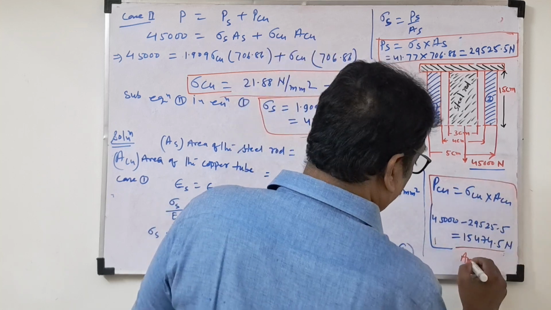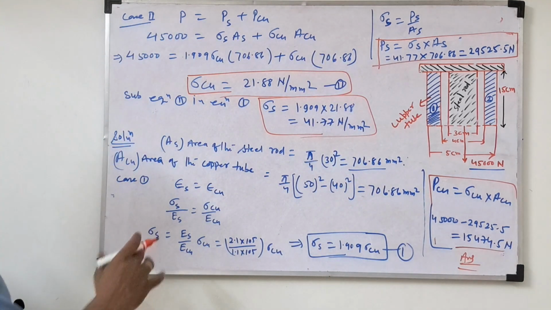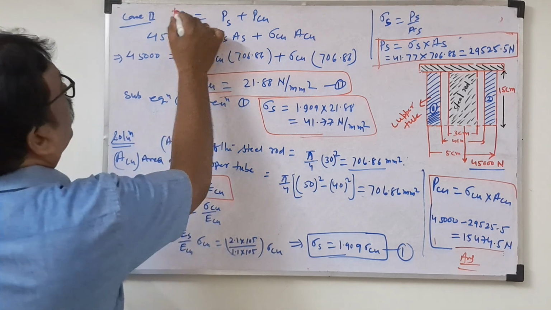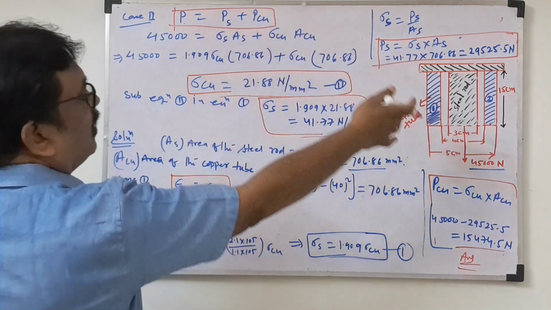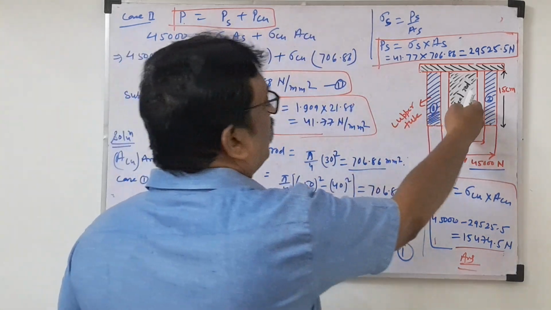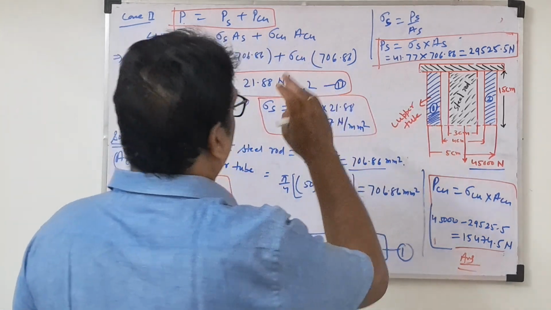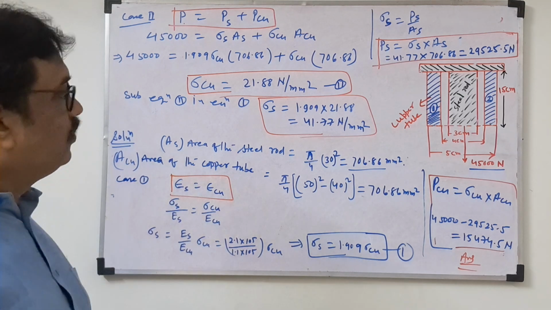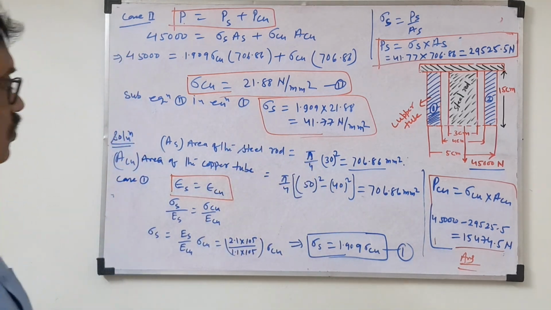For composite bar problems, only two relations you have to follow. First relation is that strain will be equal. Second is that the total load equals the load of the given bars: the steel rod and the copper tube. If you compare these two, you will get the answer. So this is the method you have to follow to solve these questions.